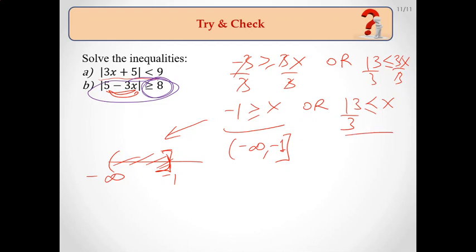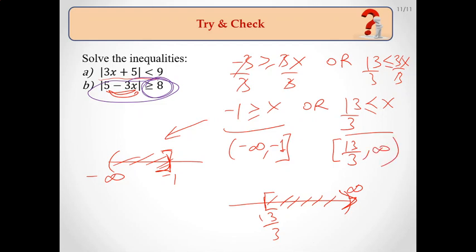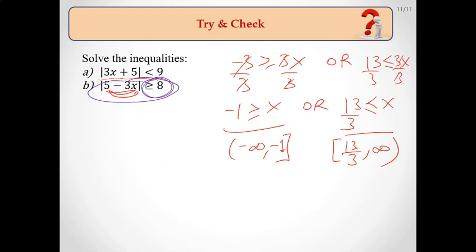And this one here, x bigger than or equal to 13 over 3, it's on the right side, and there's no limit, so it goes to infinity. So you say this is 13 over 3 to infinity, and there's a gap between them, so we cannot combine them. So the answer will be this. So for this question the solution set is this one here.